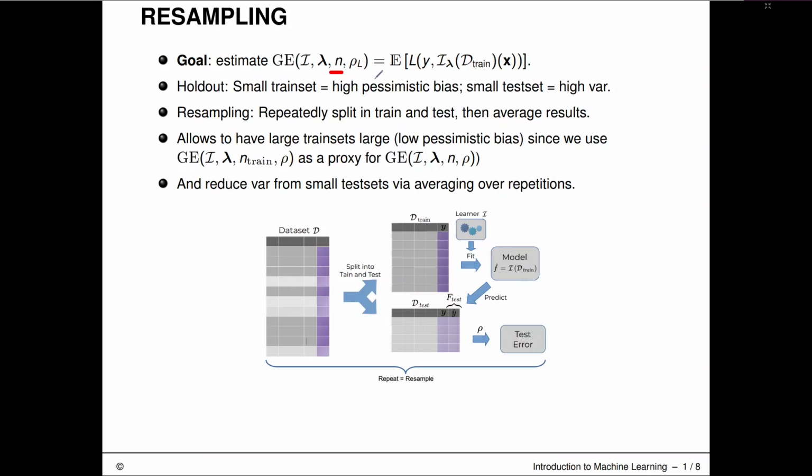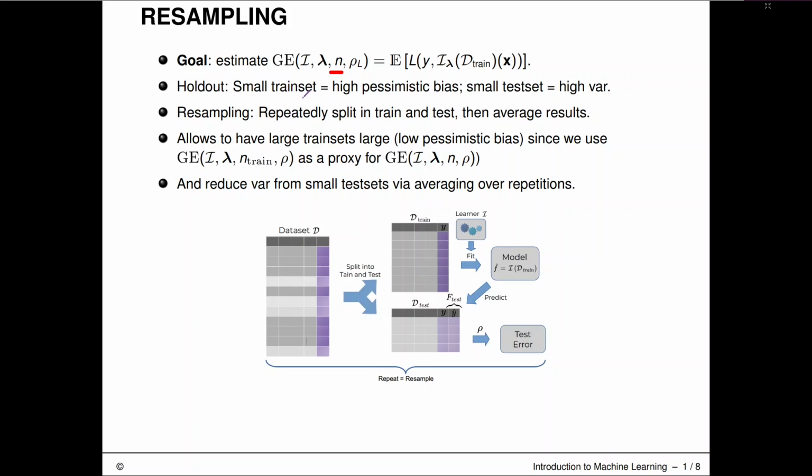So in single holdout splits in our estimator, the size of the training data set will always be somewhat smaller than the size of the complete data set. And because of that, there's a pessimistic bias going on in holdout splitting, and the smaller our training set actually is in our split choice, the higher the pessimistic bias will be.